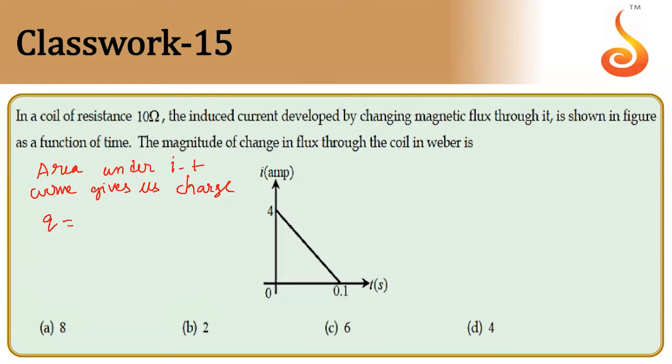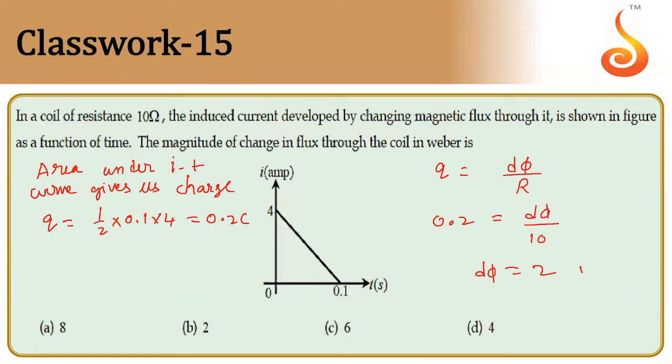So Q is equal to half into base into height, so 0.1 into 4, that is equal to 0.2 coulomb. Now induced charge is equal to change in the flux divided by resistance. 0.2 is equal to d phi divided by resistance, which is 10. So d phi is equal to 2 Weber. This is the answer.